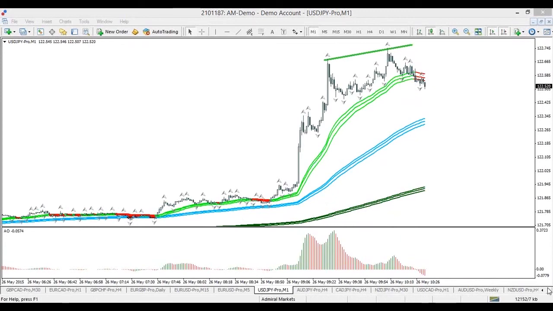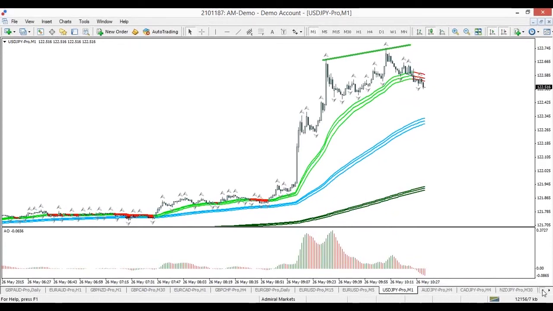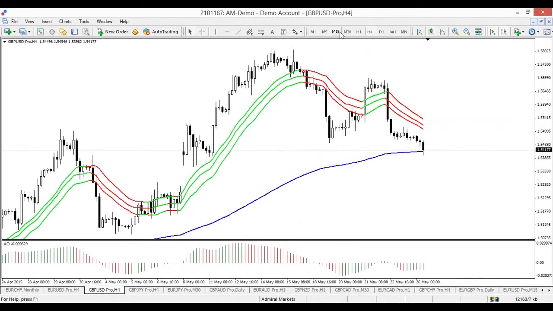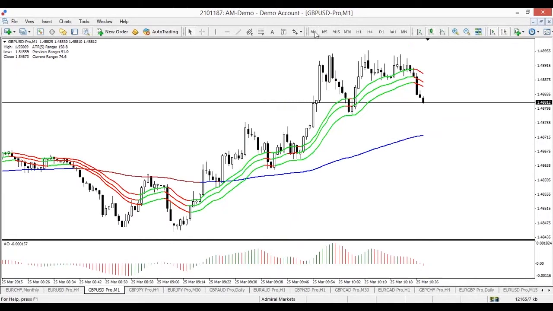We can take a look at Modris's long via this lower time frame kind of viewing point.